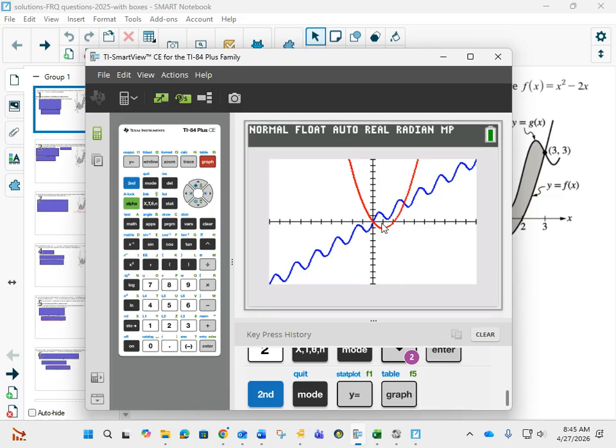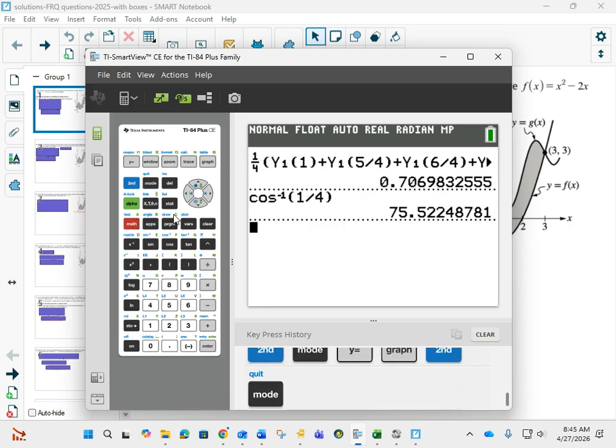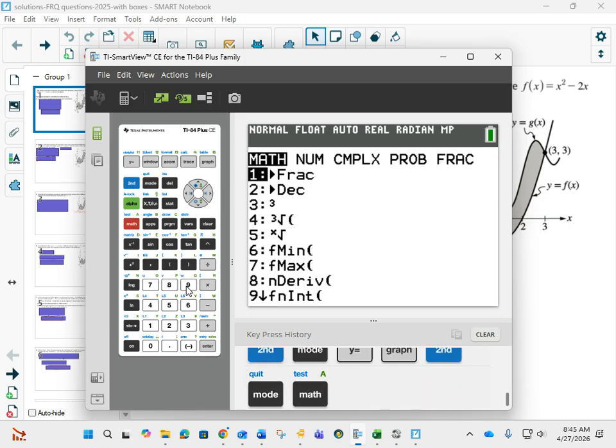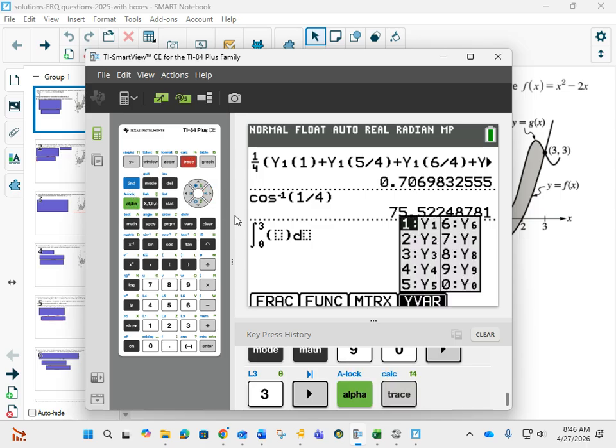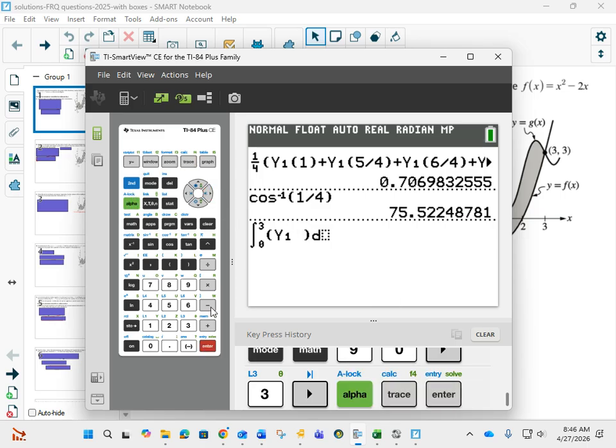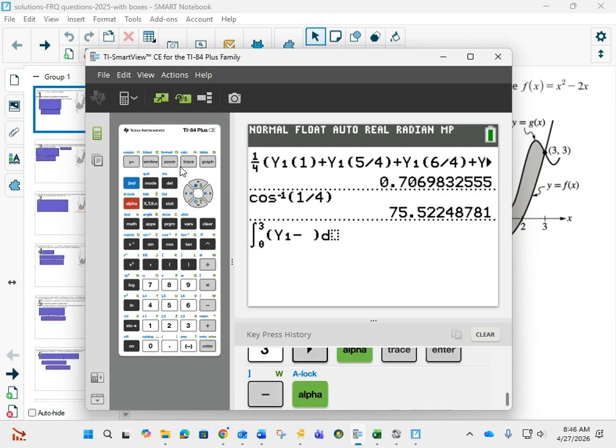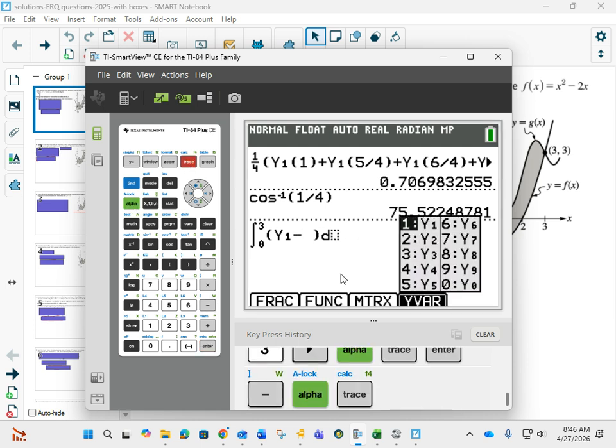Now, if I want to find the area between these two curves, I can go to math, go to number 9, the integral, and go from 0 to 3. And then here, instead of writing it all in, since I have g of x in y1, I can just type y1, and I have f of x in y2.